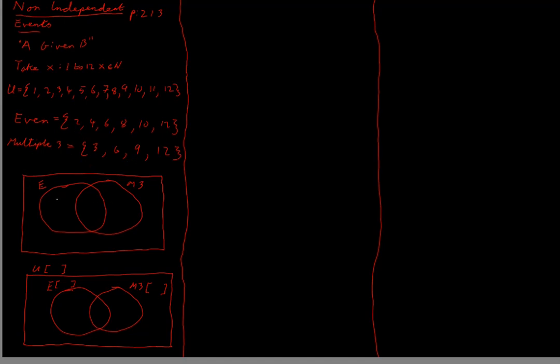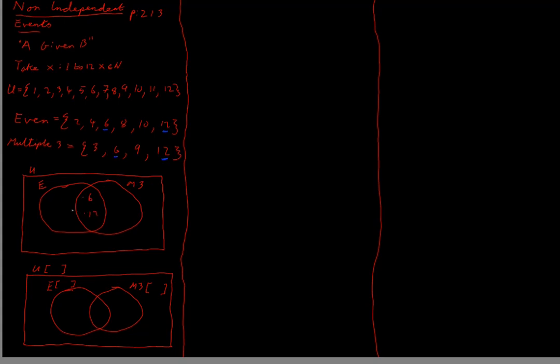And a reminder, if we were drawing our Venn diagram here, we'd have our universe, we'd have our even numbers, our multiples of 3, and we start by filling in what is common to both. So if you're doing this purely as a sets question, I'd look at my two lists and see what numbers were common to both, and I'm going to fill them in my intersection. 6 and 12 are common to both.